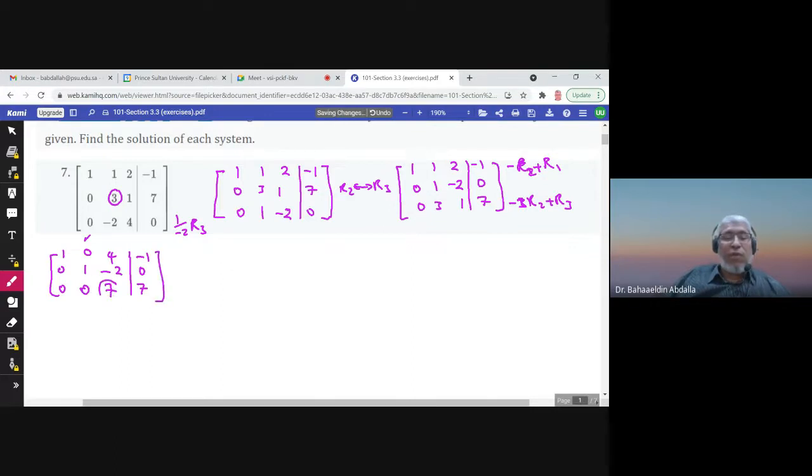Now this has to be 1, and I have no other choice here. In the last row, you need to just divide by this number.